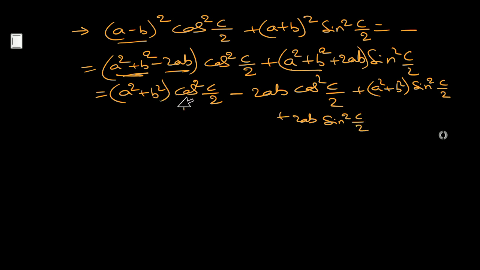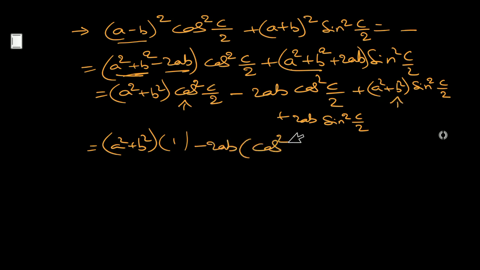Now if you take a square plus b square common, it will be 1 clearly. Why? Because it is an identity inside the bracket: cos square plus sin square is 1. Taking minus 2ab common, it is cos square C by 2 minus sin square C by 2.